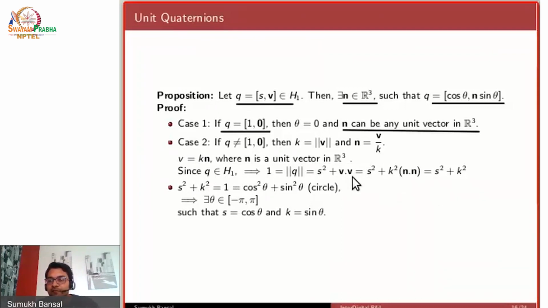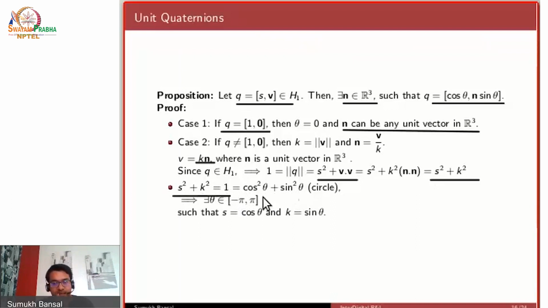So if we put the value of v, which is kn, in this expression over here, because n is a unit norm vector, the dot product of two unit vectors is going to give you norm 1. So we end up with s squared plus k squared. This is the equation we get, and from basic trigonometry we know that this is an equation for a circle.